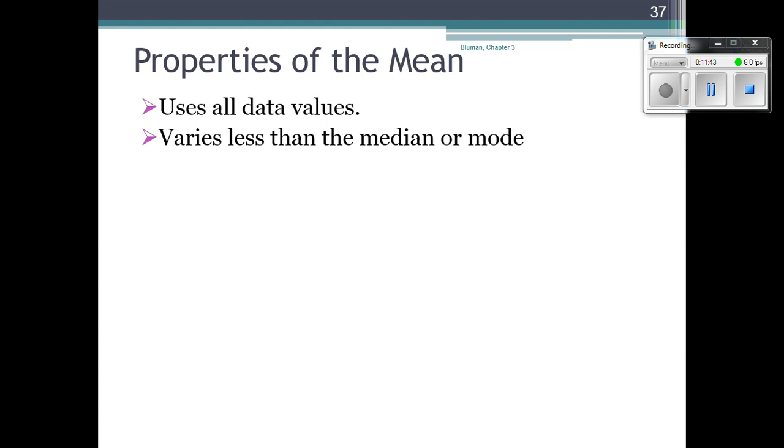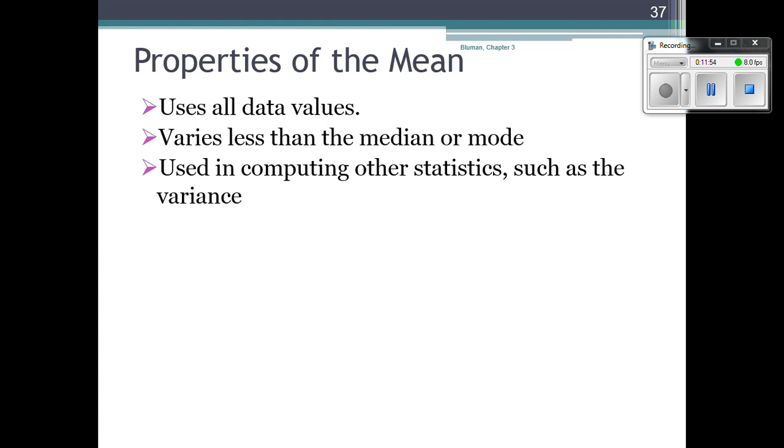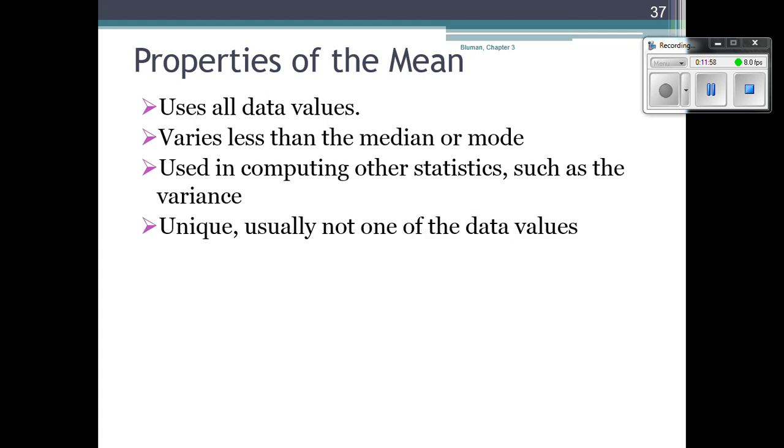It's just usually considered a more accurate measurement of the middle, or of the average of the data. It's used in computing other statistics, which we'll do later on in this chapter. And it's unique. It's not always one of your data values, which I think is actually a good thing. It could fall somewhere in between.